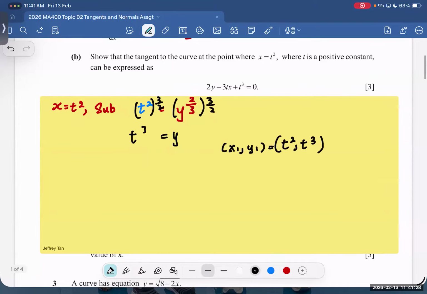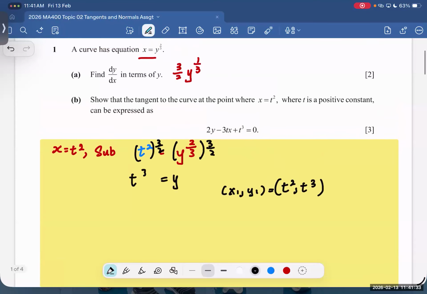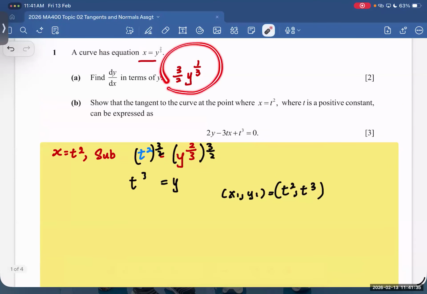Next, I find my gradient. You can see this is given here. Now, the difficulty about this question is it's in terms of y.